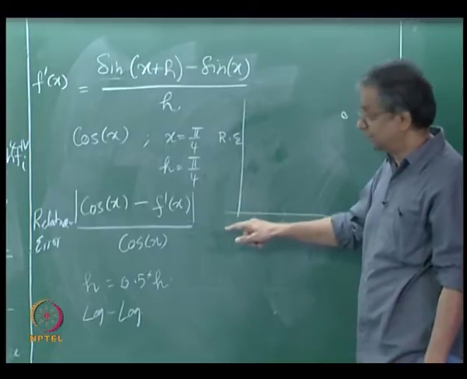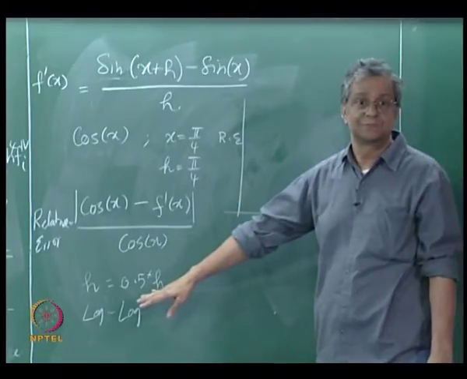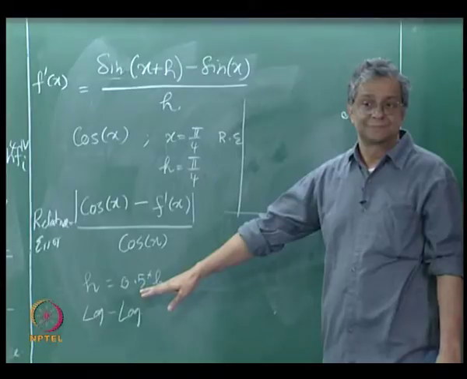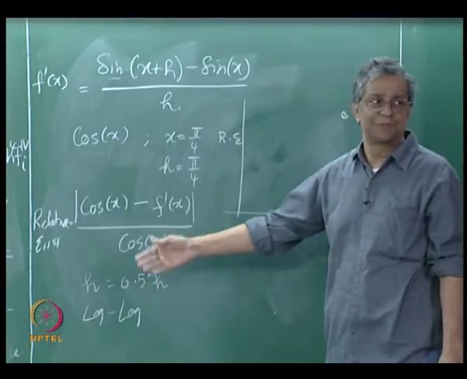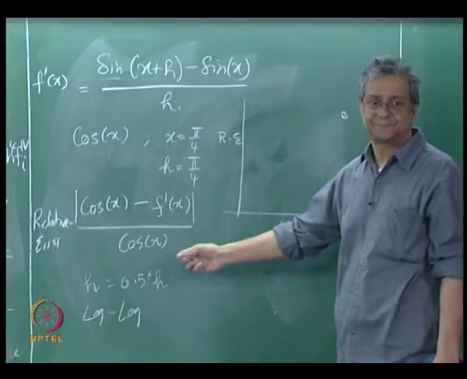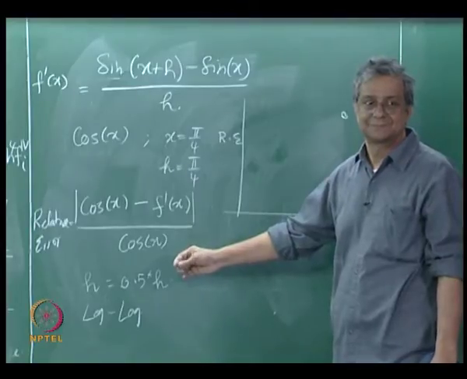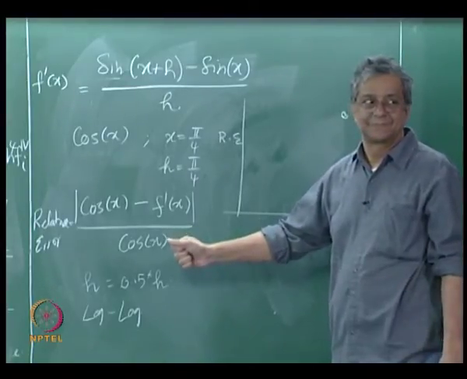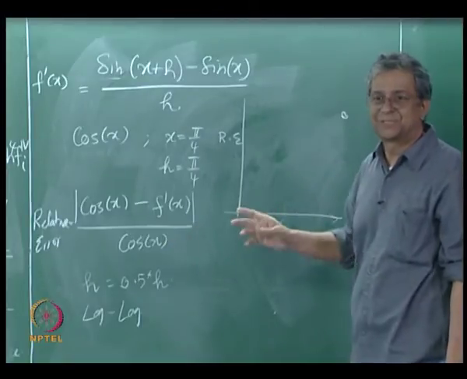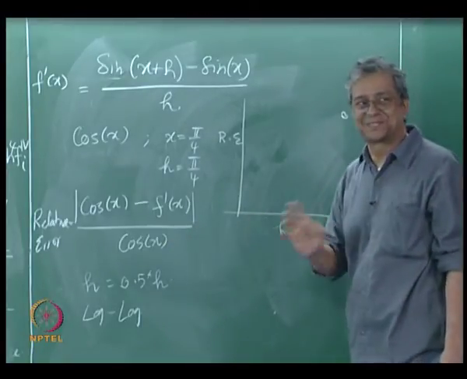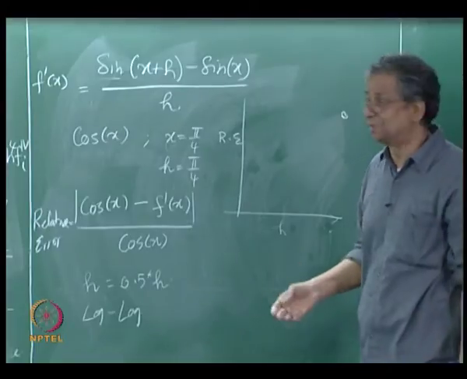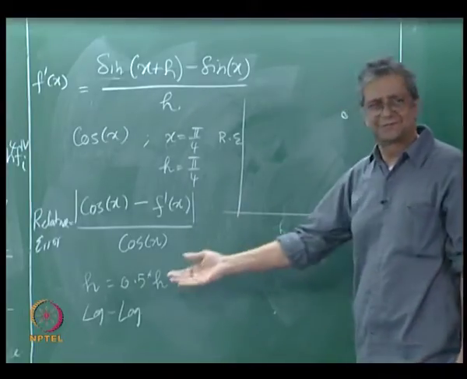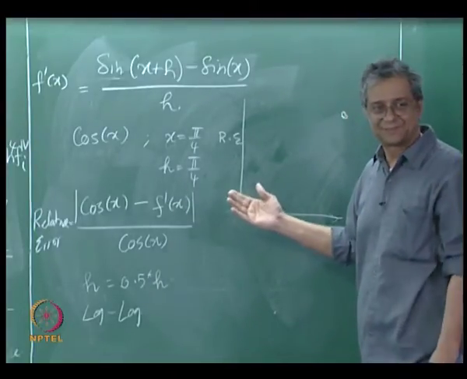How many times are you going to divide by 2? For how many values of h are you going to try this? Whether h should be below machine epsilon or whatever it is, you figure out. Does it have to be below machine epsilon? Let it go, you do it, just see what happens.